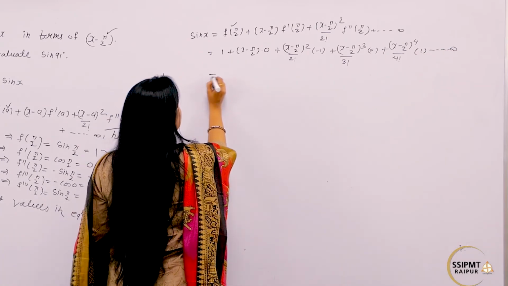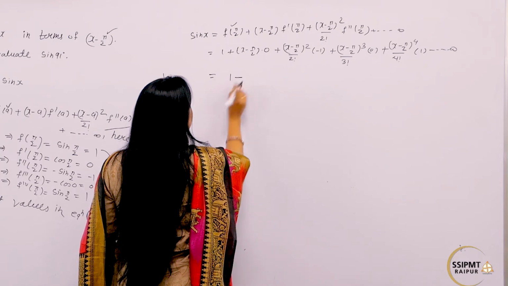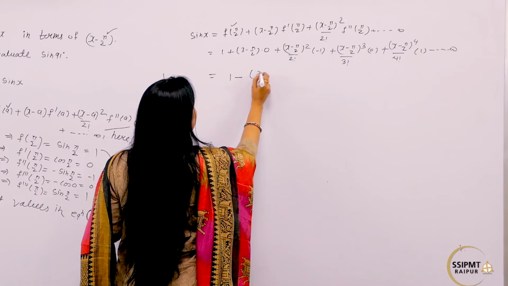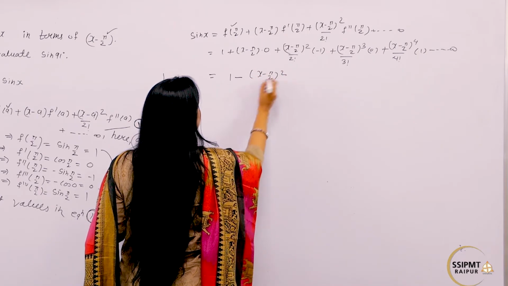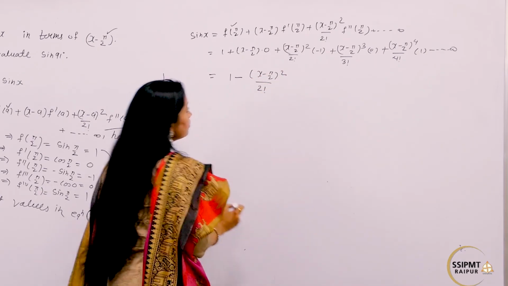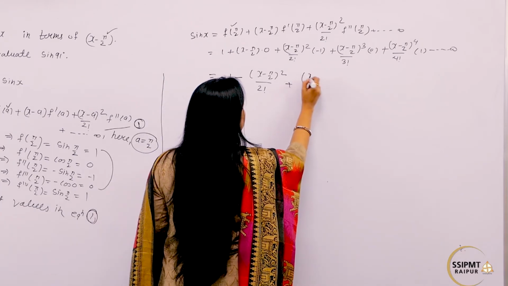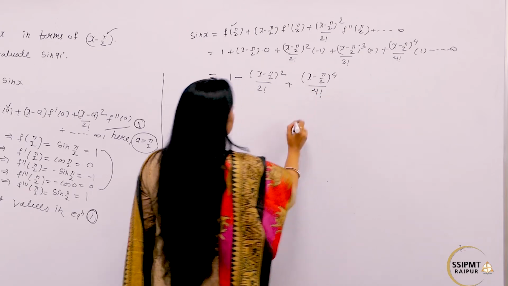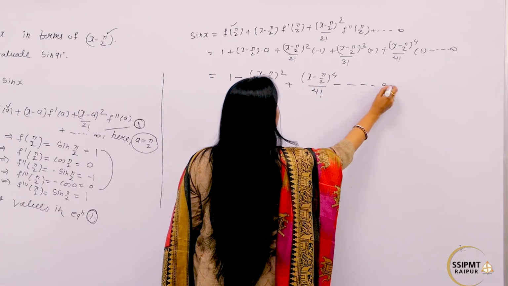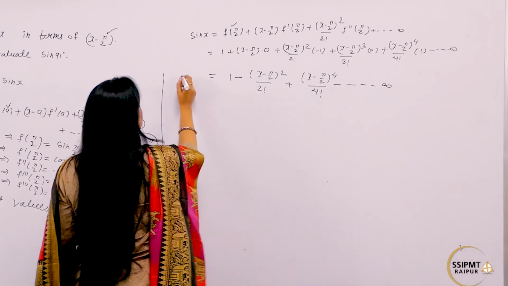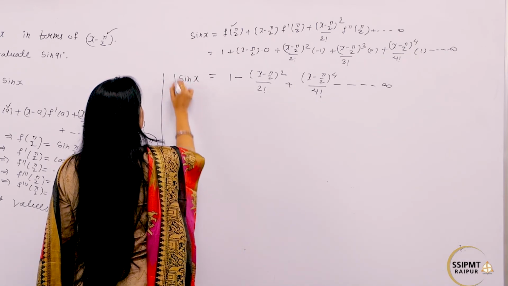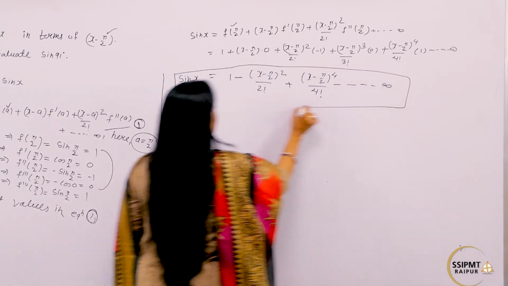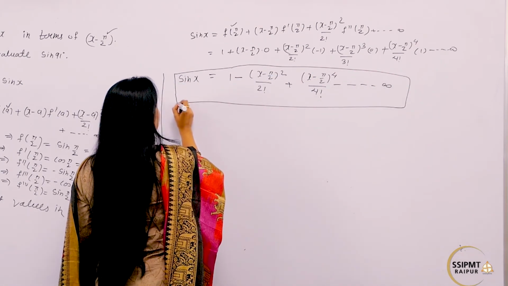So removing the 0 terms, the series will be 1 minus x minus pi by 2 whole square by factorial 2 plus x minus pi by 2 whole to the power 4 by factorial 4 and so on up to infinity.